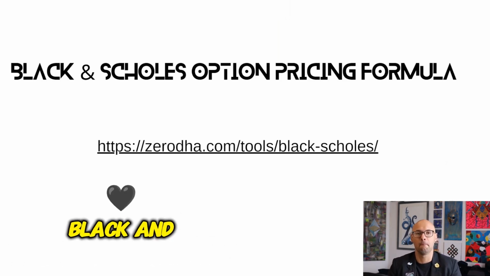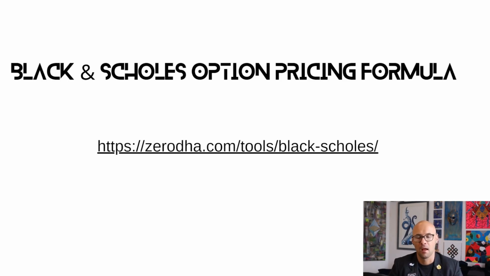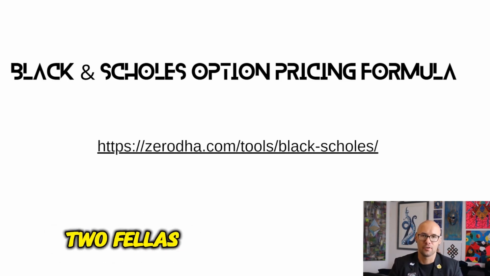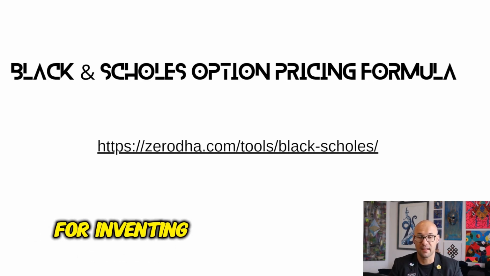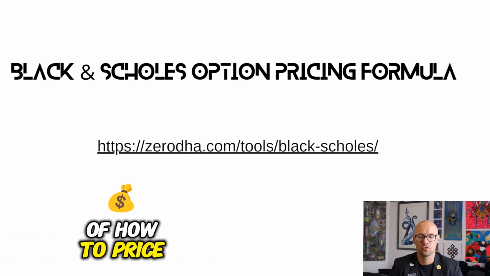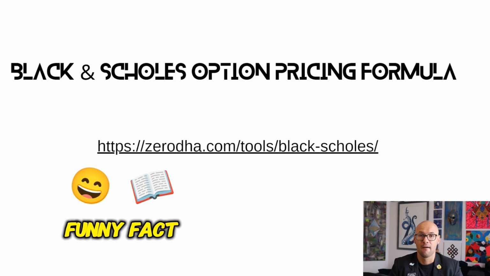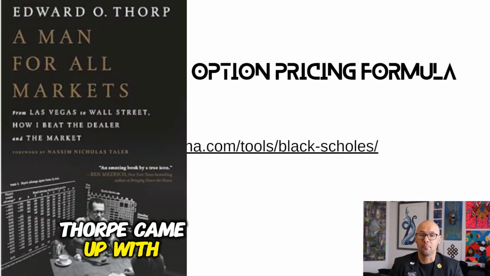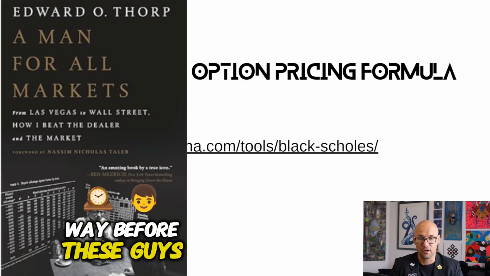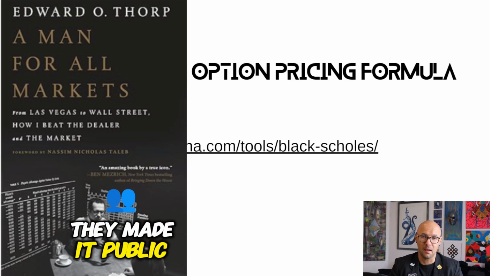How do we choose our options? There is something called the Black-Scholes model. Black and Scholes are two fellows who got a Nobel Prize for inventing this mathematical formula of how to price derivatives correctly. Funny fact, story: Edward Thorp came up with this stuff way before these guys and was upset that they made it public.